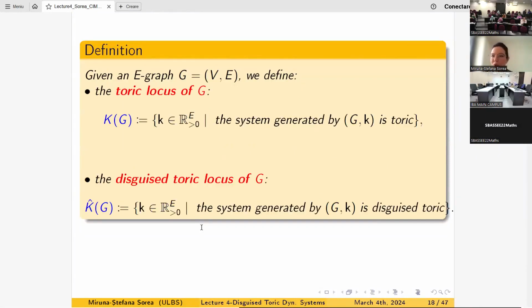Now the notation for toric locus and disguised toric locus, because we need this. Given a graph G, we denote in this lecture by capital K of G the toric locus of G. So here maybe this will really clarify.